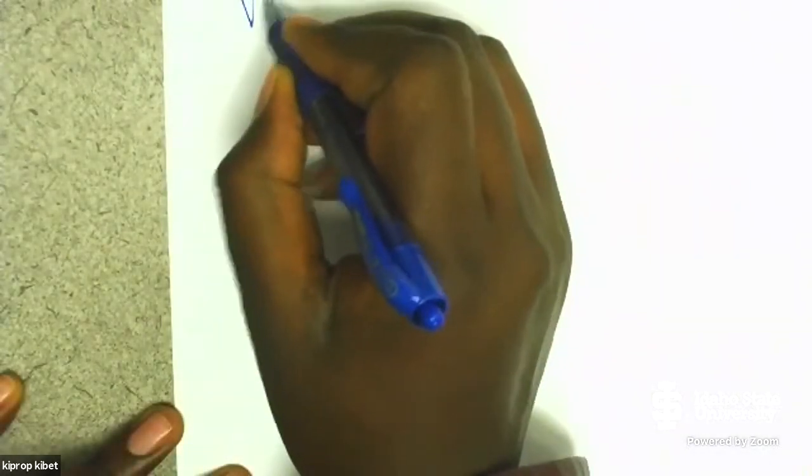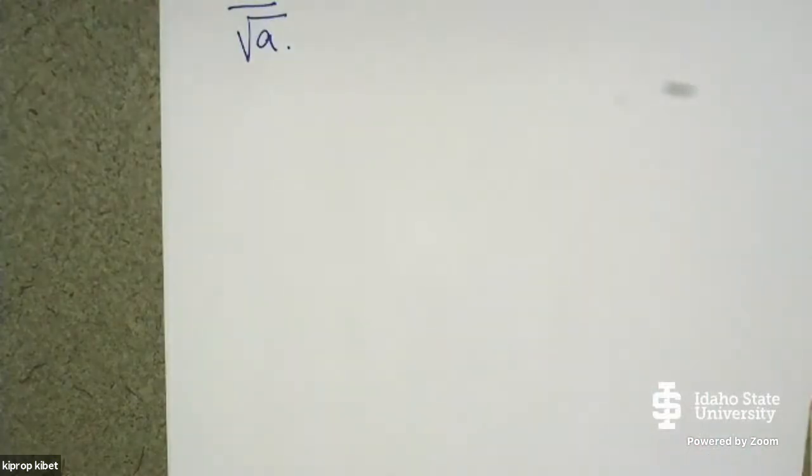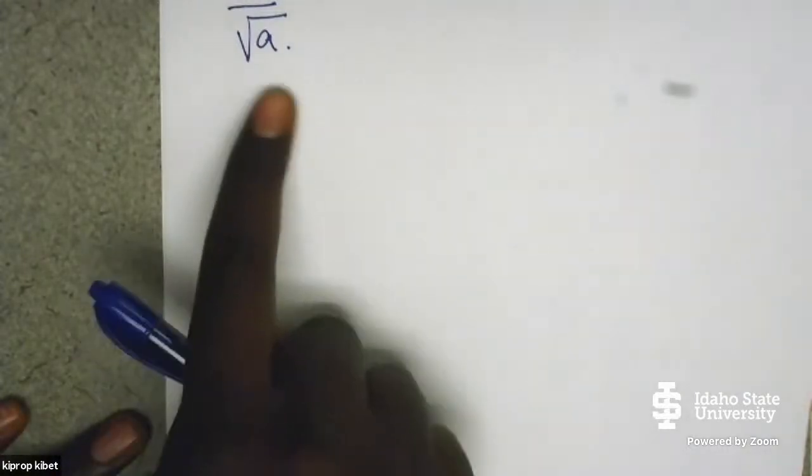Now, if you are told to simplify 1 all over the square root of a, then to simplify that, we multiply by its conjugate.